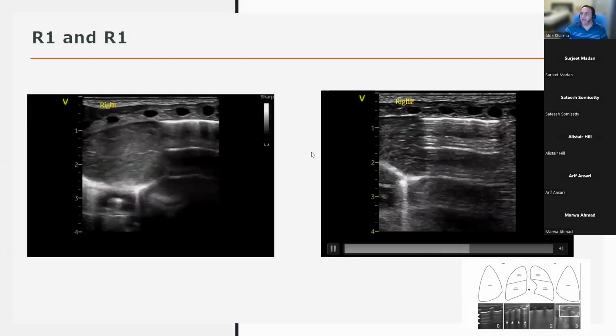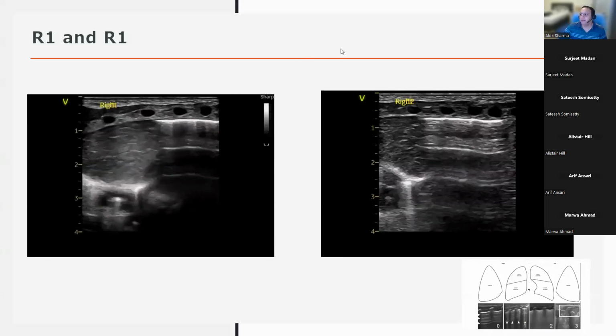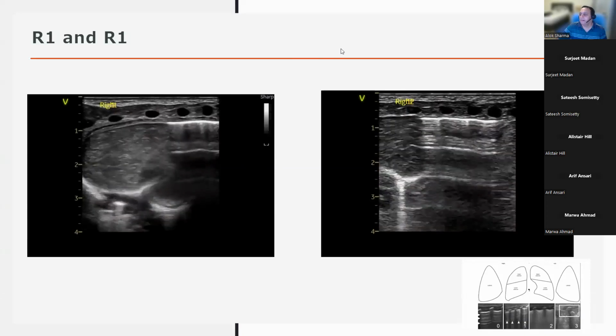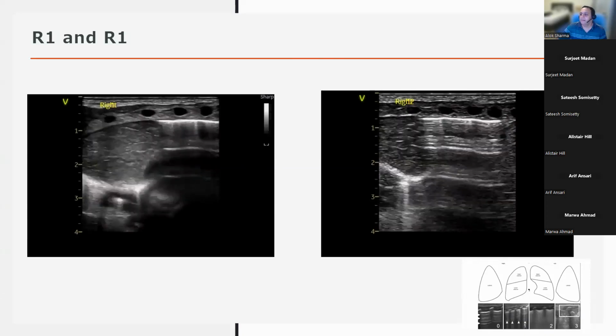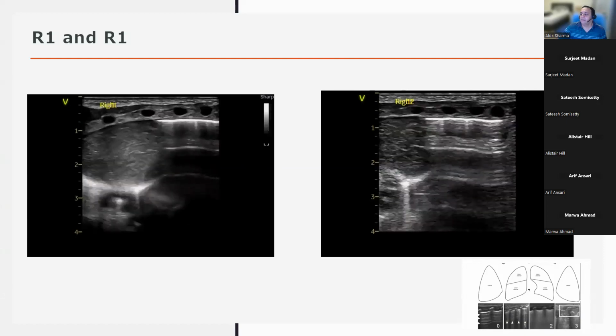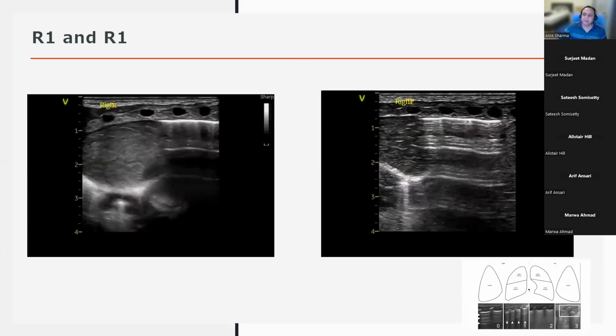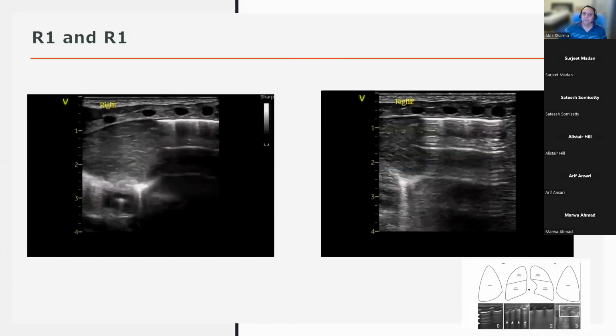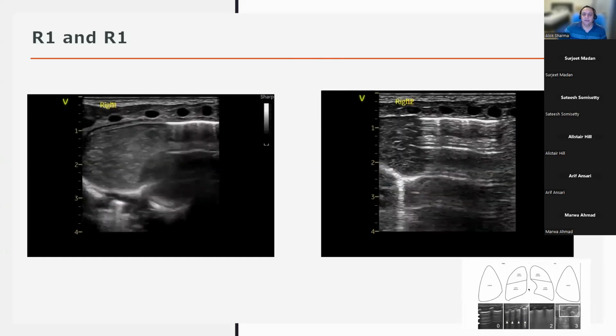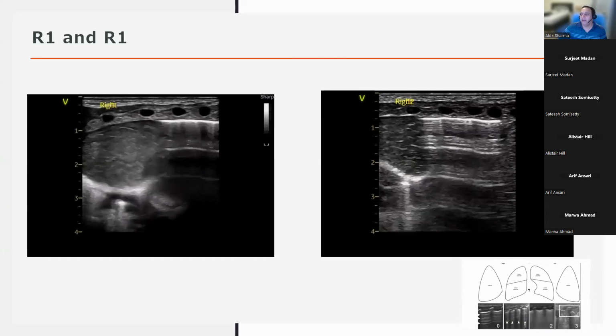Okay, so R1 and R2. Alistair, want to have a go? What do you think?